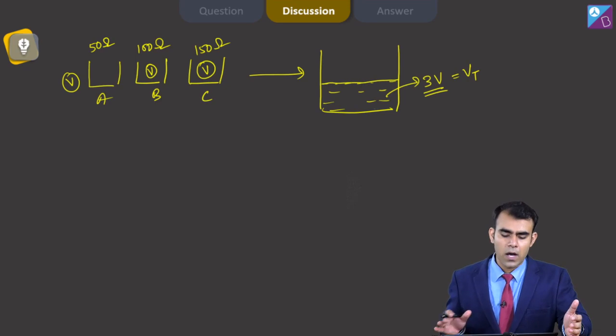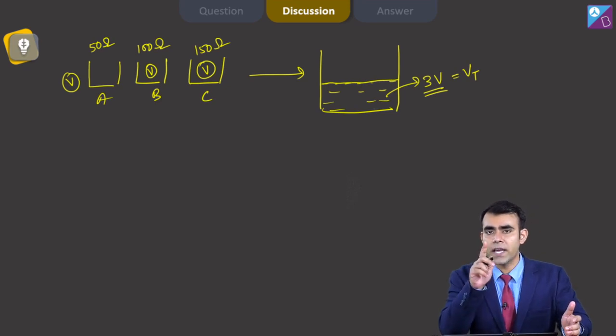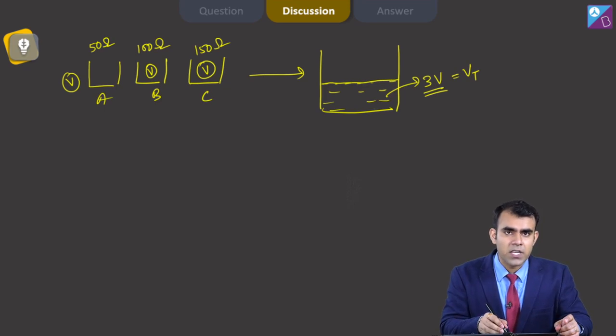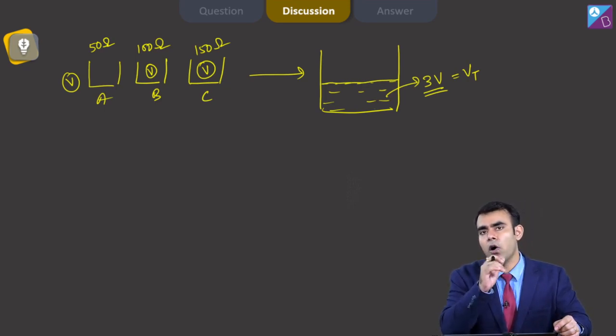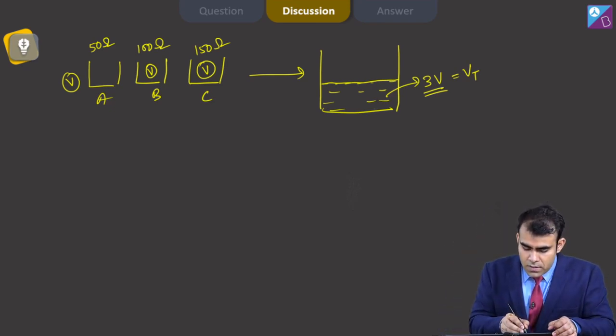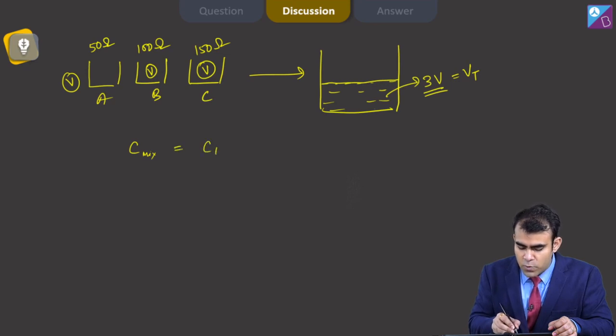We don't know how to calculate the resistance directly, but we know one thing, that the conductance of this final mixture is basically the summation of the conductance of all three solutions. So the conductance of the mixture is conductance 1 plus conductance 2 plus conductance 3.